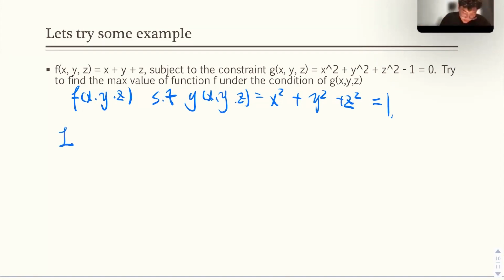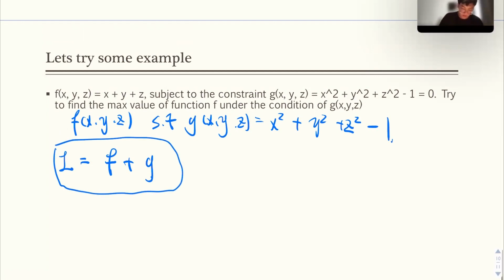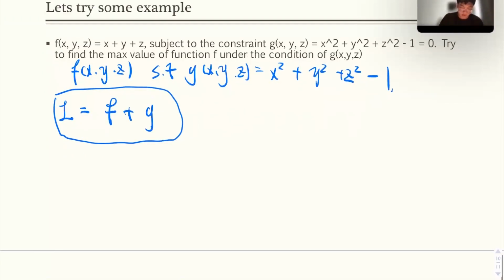We call it L. It's basically f plus g, but here we have to put a minus, so it becomes a minus. This is the function that we're trying to maximize, trying to optimize, subject to x, y, z. Since we're talking about 3 dimensions.